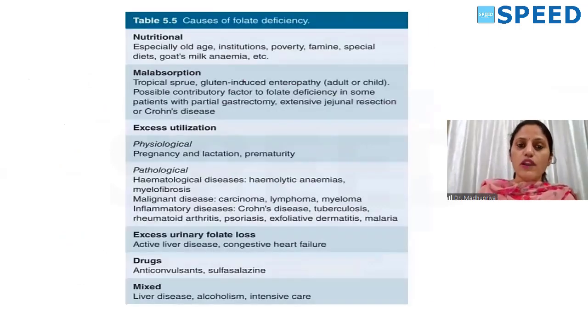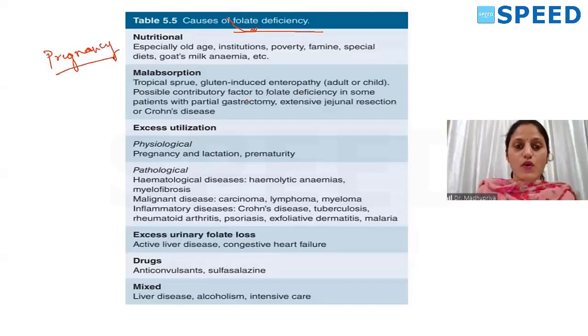Fine. So when it comes to causes of folate deficiency, first and most important cause is pregnancy. You have to think of pregnancy. Pregnancy is the most common cause because there the folate requirement is very high. The next point I want you to remember is gluten-induced enteropathy.